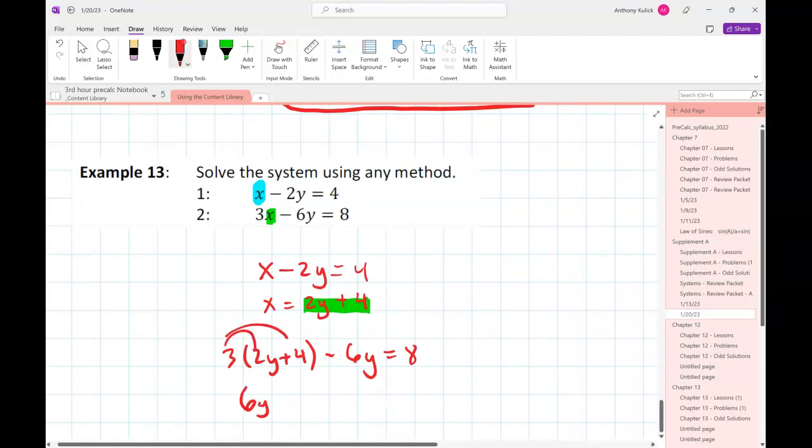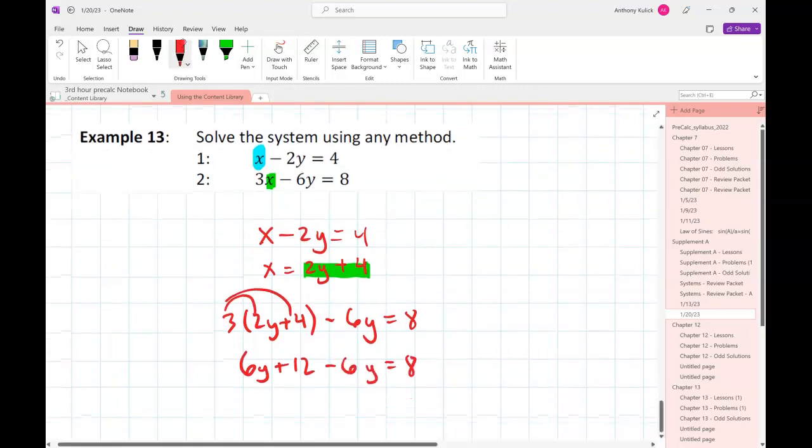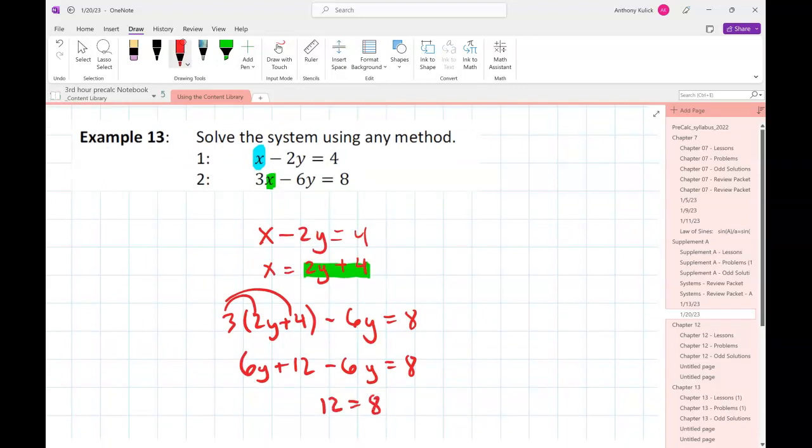So I distribute this through. 6y plus negative 6y just cancels out. I have 12 is equal to 8. That means no solution.